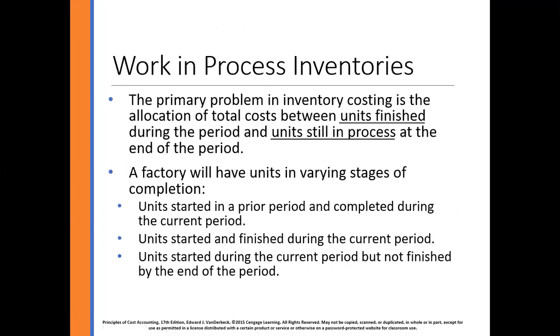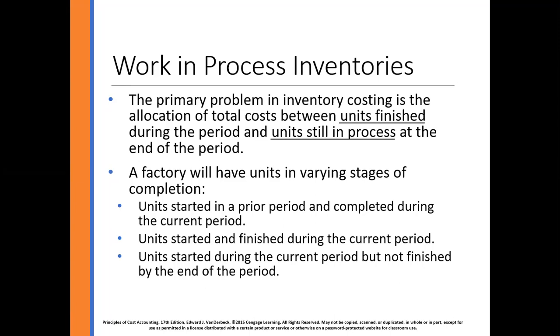All right. Work in process inventories. And this is where it gets, I think, more complicated than the job order cost system, because with these work in process inventories, we're going to have to calculate the equivalent units of production. So the number of units that have had all cost applied, essentially.